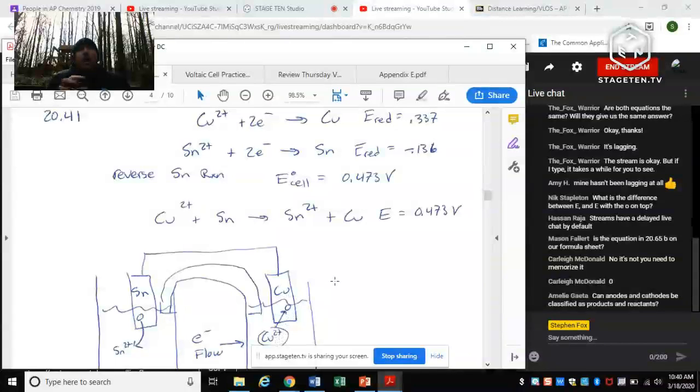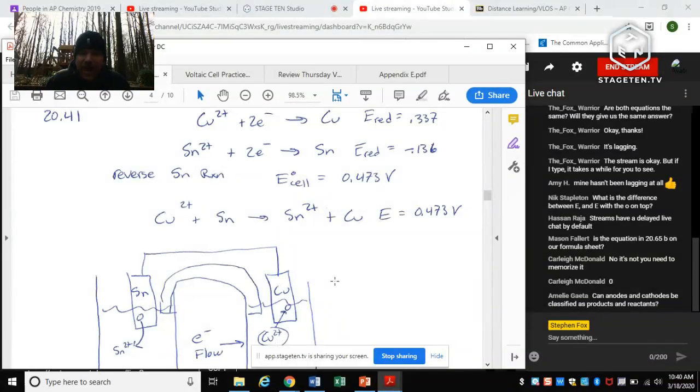Okay, now understand that when you're making a battery, when you're making a galvanic cell, it's not the type of reaction where you only start with reactants. You have to have all the parts of the reaction combined. That means all the reactants and all the products have to be a part of the setup of the battery. And then when you connect them, you get the spontaneous flow of electrons.